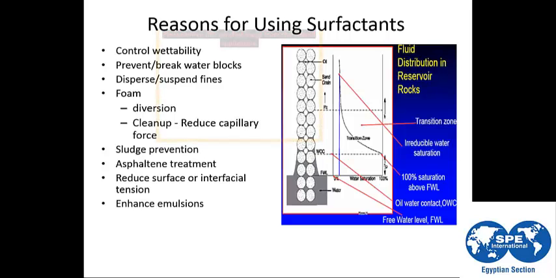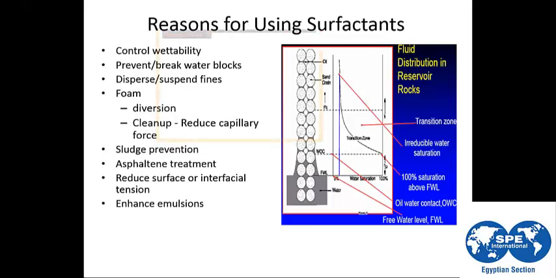The water plug, what is its definition? It is water that is occupying the space of the pore spaces inside the reservoir rock, and its interfacial tension is high enough to prevent any oil from displacing this water and passing through these pore spaces. So the water plug remains constant in its place and prevents oil from moving through these pore spaces.